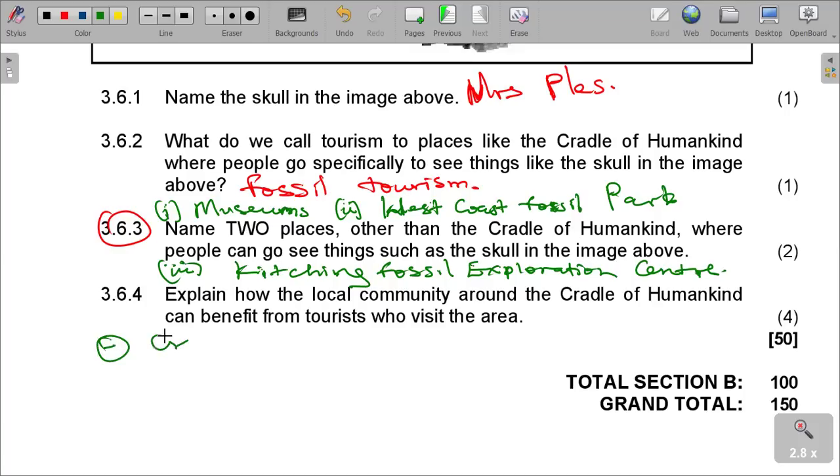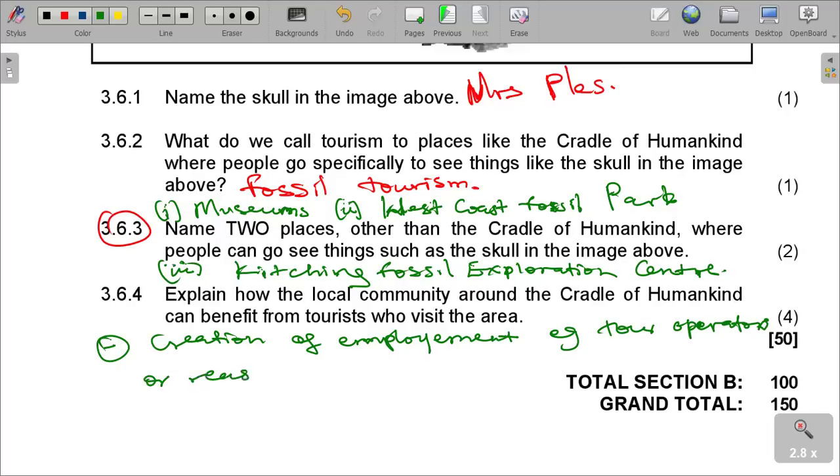So we are saying creation of employment, e.g., tour operators, ticket sales or restaurants.